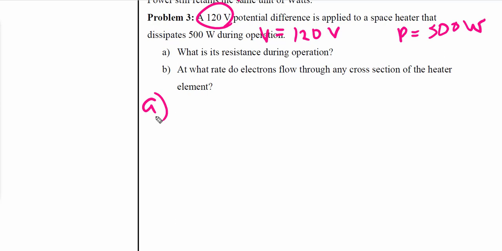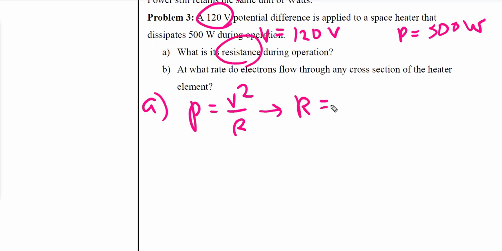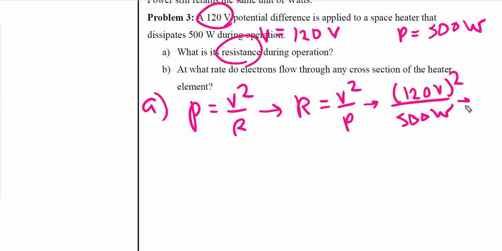Well, if we use one of these equations, we have power is equal to V squared over R. If we do some algebra and solve for R, we get R is V squared over P in this situation. Plugging these values in, we get a resistance of about 28.8 ohms.